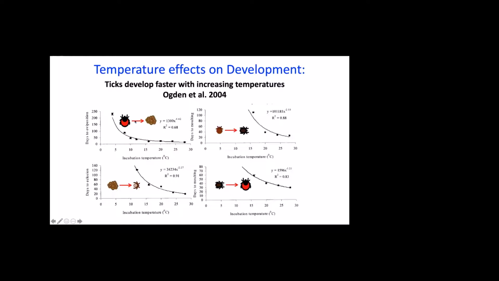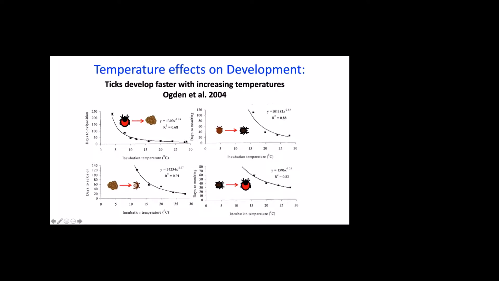So in the upper left, it is about how quickly an engorged female will lay her eggs. What you see is that at lower temperatures it takes a long time, maybe 200 days to oviposit, but as the temperature goes towards 30 degrees Celsius, the number of days drops much lower, probably less than 20 or so.